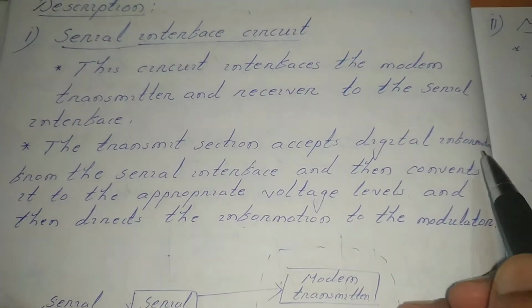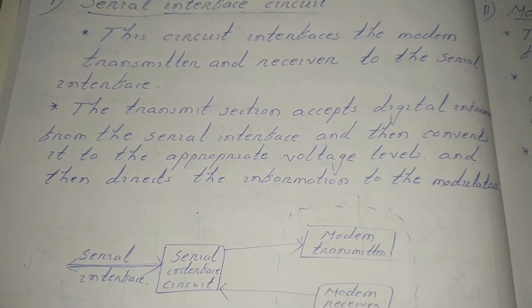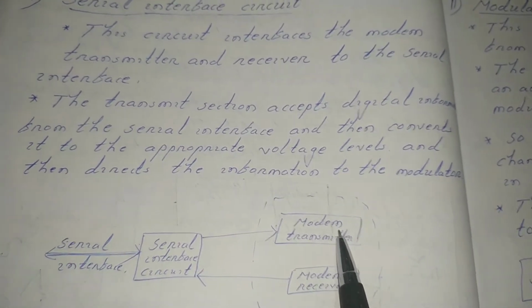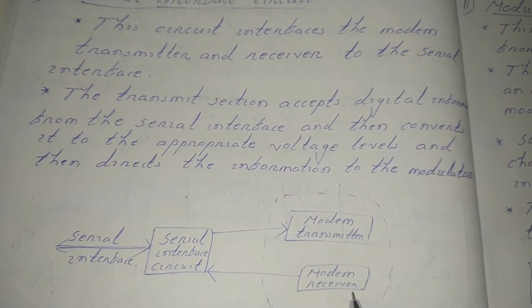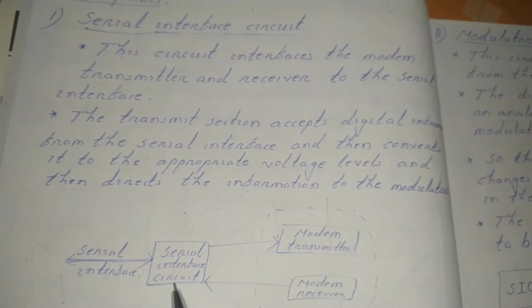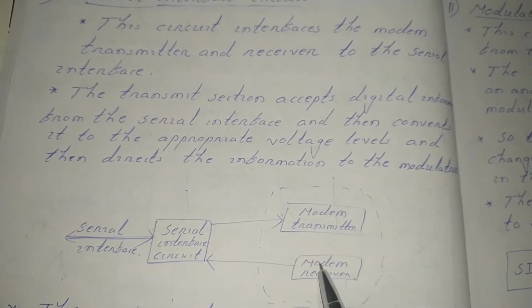Your serial interface circuit is present between the serial interface and the modem transmitter and modem receiver. So serial interface circuit is present at the sender side as well as at the receiver side. In this diagram it is clear.